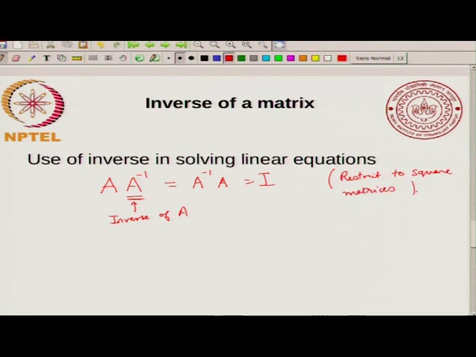When you have a square matrix, the matrix can have an inverse, and if the inverse exists, it is unique. The inverse satisfies this equation.